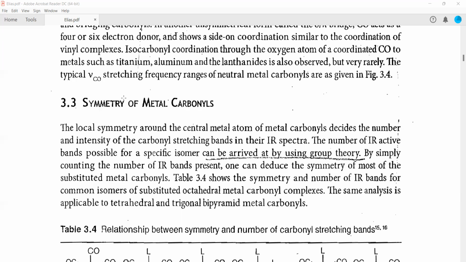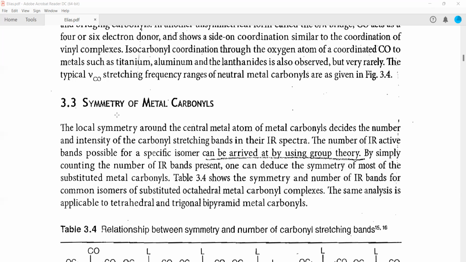Supposing you have three carbonyls in your metal complex. If you have synthesized that complex, you anticipate that it has three carbonyls, and you have also anticipated some structure of it.